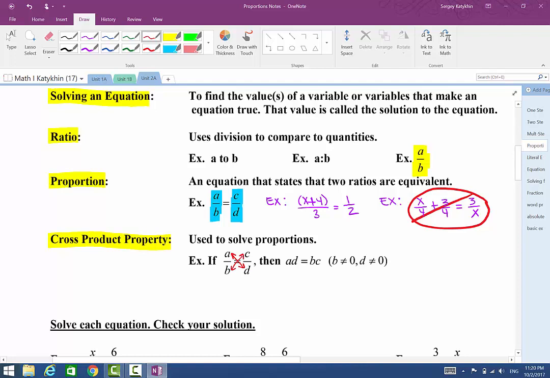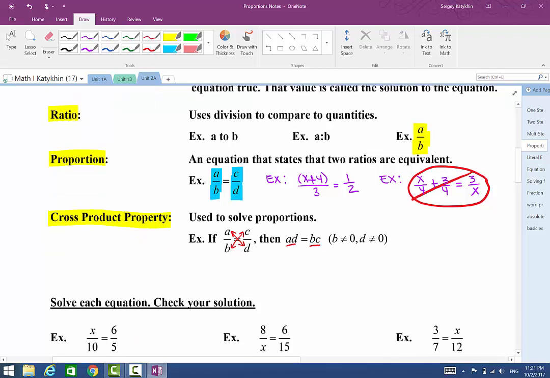A times D will give you AD, which is equal to B times C, which gives you BC. And remember, B and D cannot equal 0 because they're in the denominator. Therefore, if they were 0, they would be undefined.